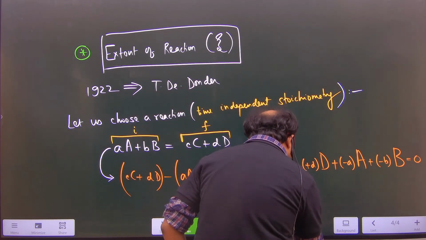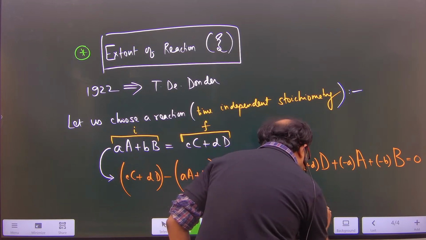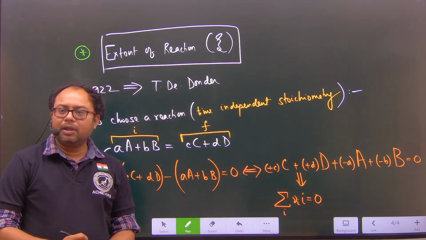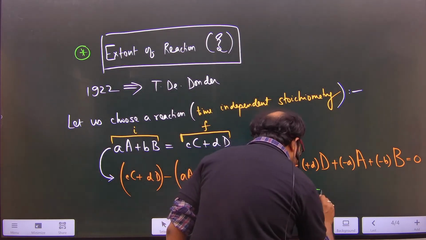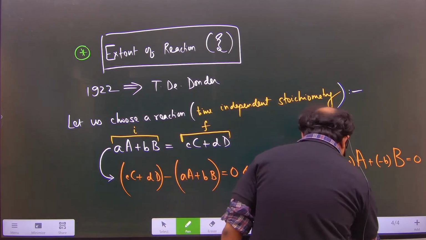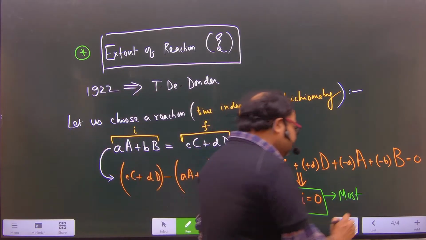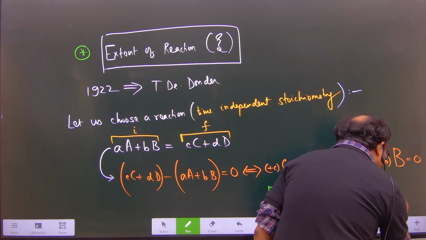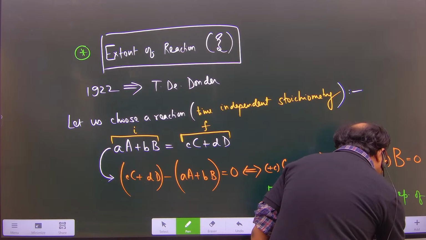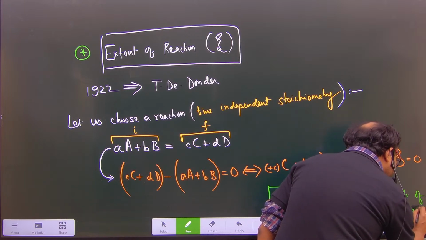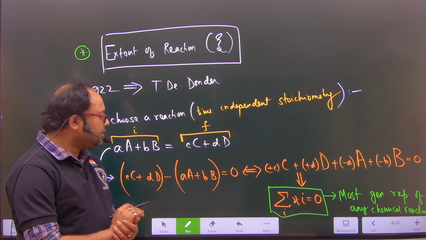This is in short represented as summation over nu i A i equal to 0. This is the most general representation in chemical kinetics. This is the most general representation of any chemical reaction.